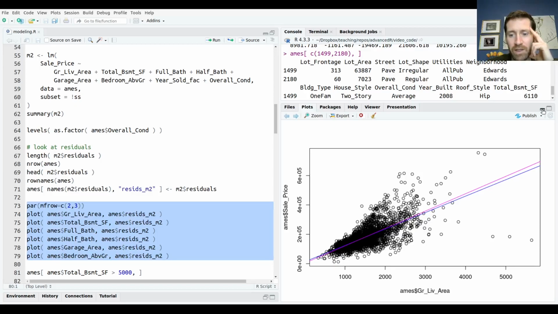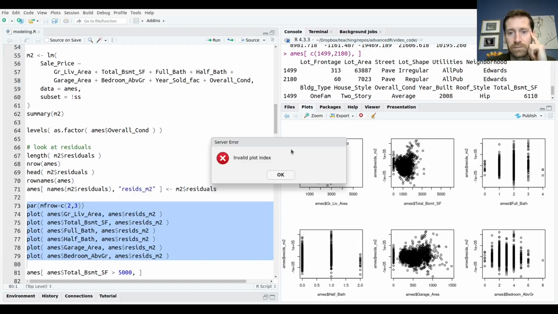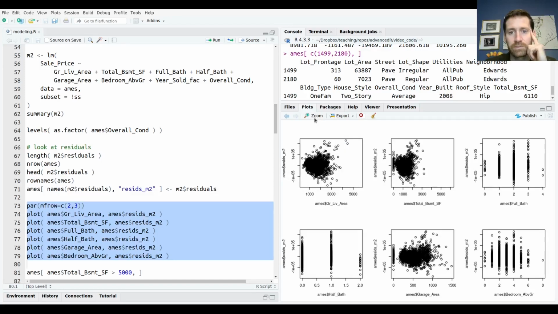So maybe we could add another term, the square of GrLivArea. And the same might be true of total basement. Maybe there's a bit of a pattern here.